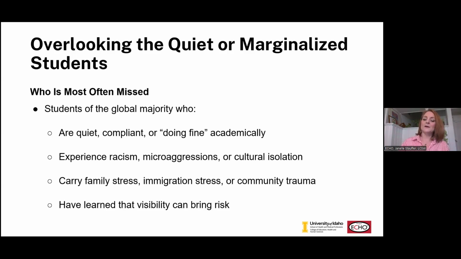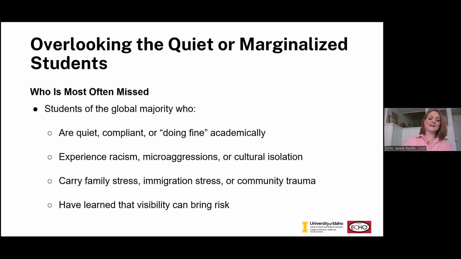They also carry their family's stress, their immigration stress, and the community trauma that's going on. And we know this is happening all the time, and it's certainly happening in communities today. And they've learned that visibility can bring risk. And so these kids are being missed.